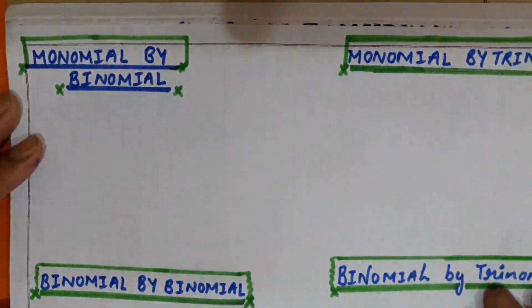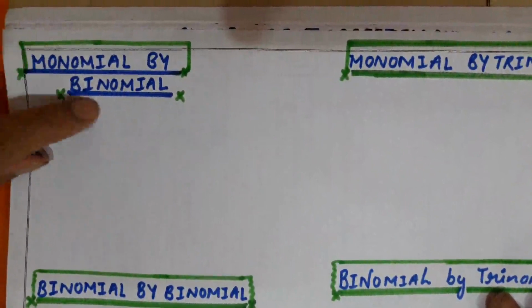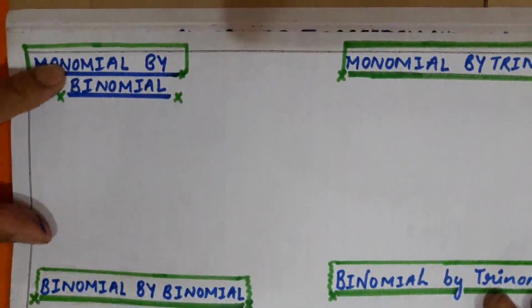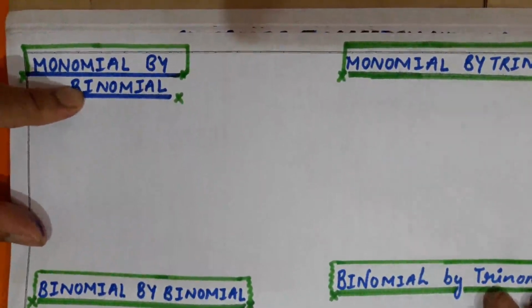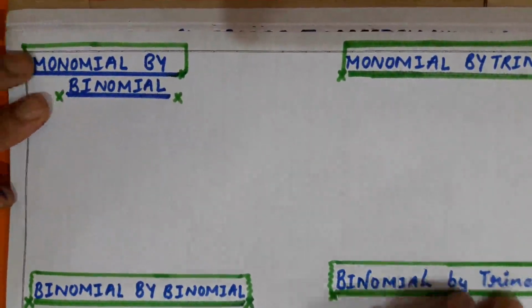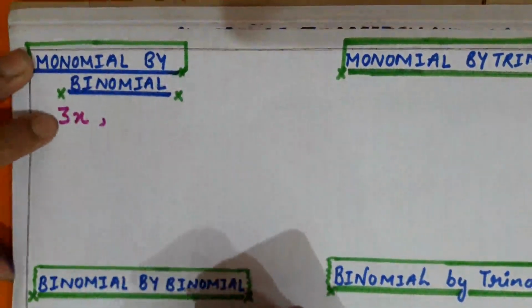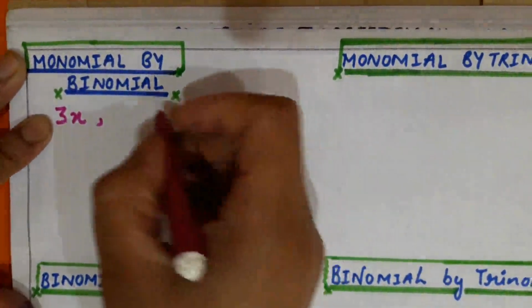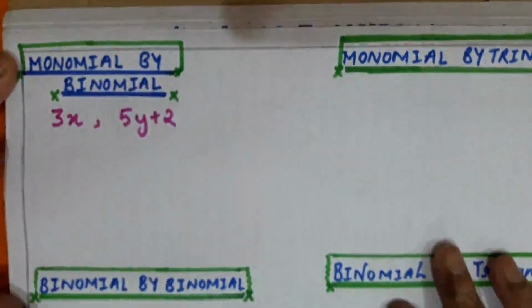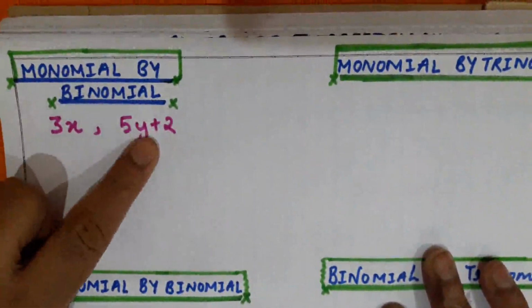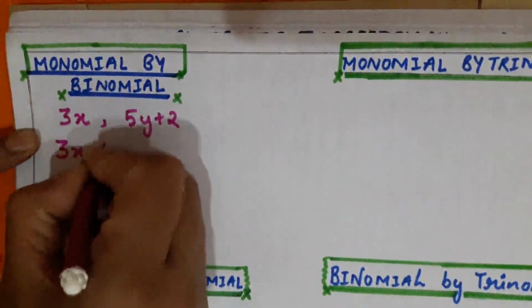Now the next topic is multiplication of monomial by binomial. A monomial has one term, a binomial has two terms. Let's discuss such a question. The first part is 3x, which is your monomial, and the second is 5y plus 2. Now we have to multiply this monomial with the binomial.